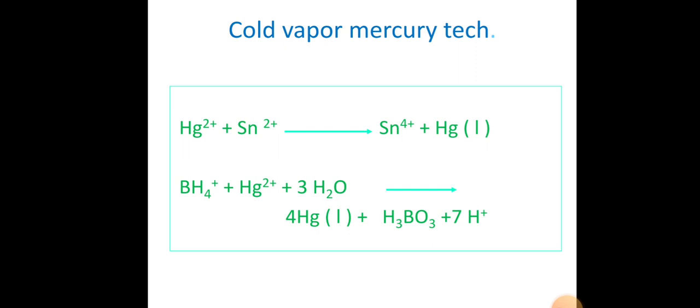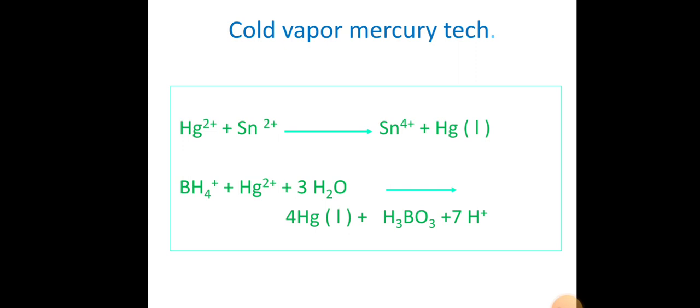We have another method that is similar to hydride generation, but is used only for mercury. This technique is called cold vapor mercury. If we reduce ionic mercury to its elemental form, or Hg0, then mercury, as you know, is the only element that is liquid.